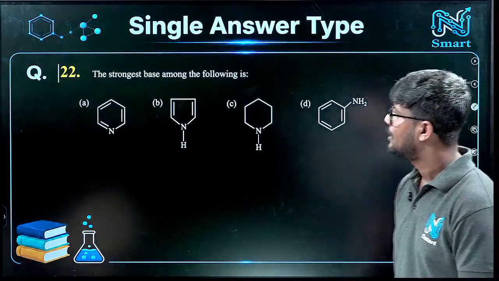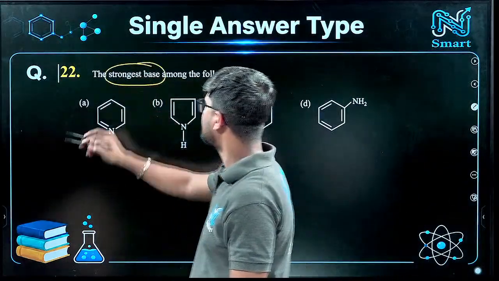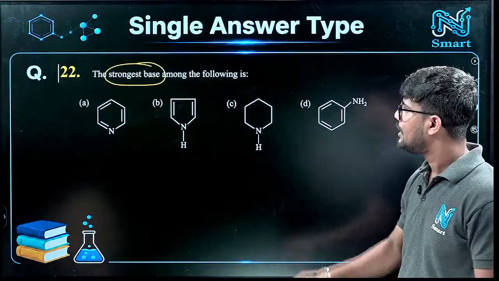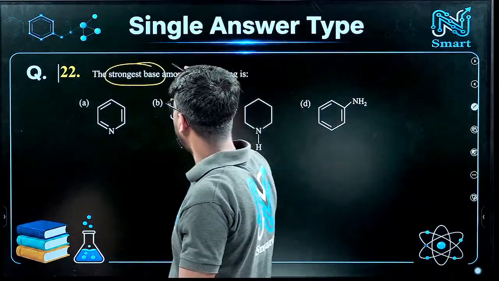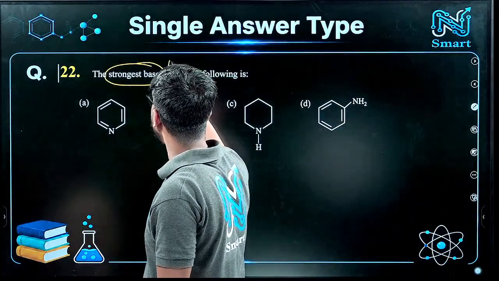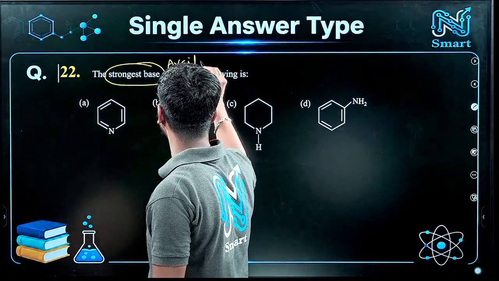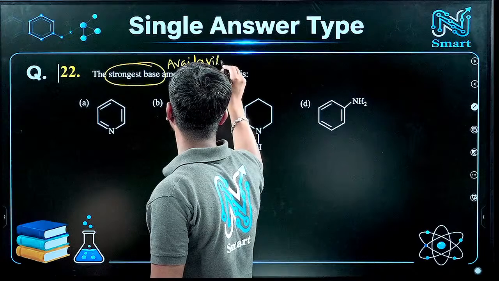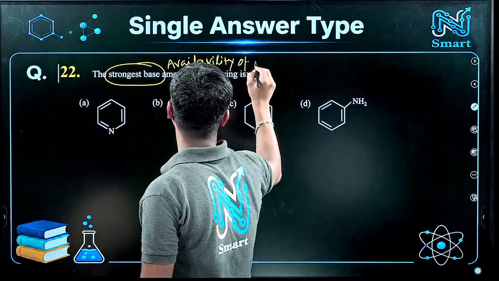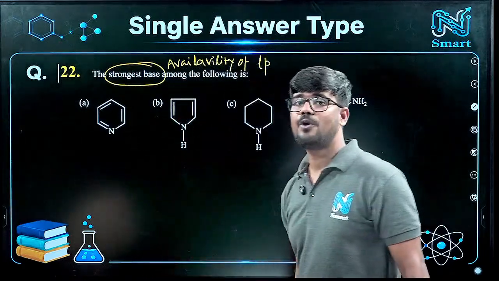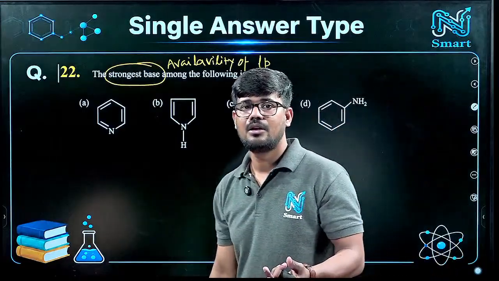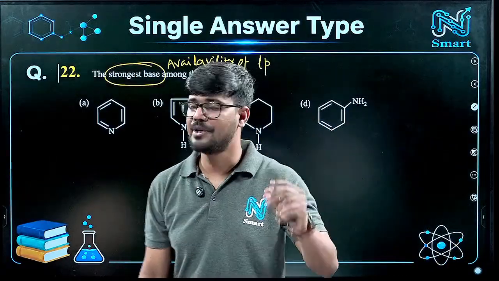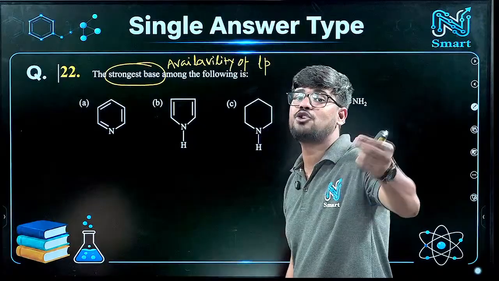Next, this one, strongest base. How we will find out? So here you have to know that availability of lone pair. If lone pair is available, then it will be stronger base, means it will easily donate to H+.